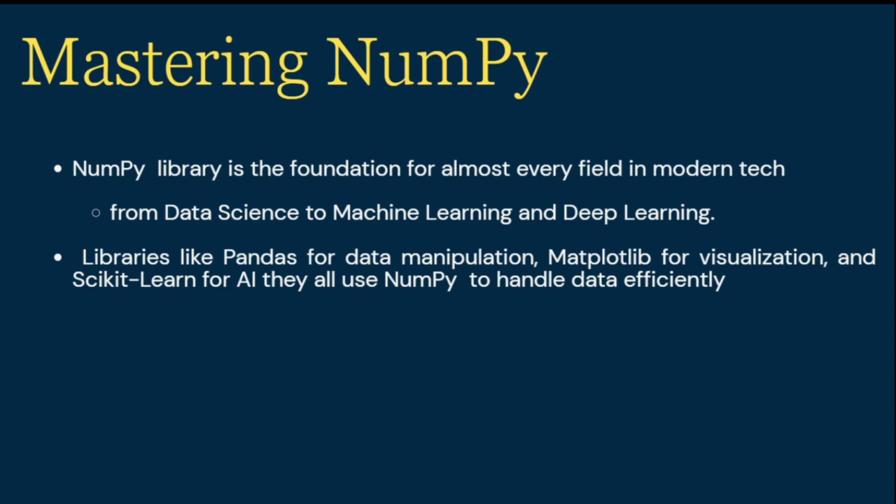Libraries like Pandas for data manipulation, Matplotlib for visualizations or drawing graphs using Python, and Scikit-Learn for AI, all use NumPy to handle data efficiently. So if you want to master data science, or learn machine learning and deep learning, this NumPy library is the foundational library you need to master.